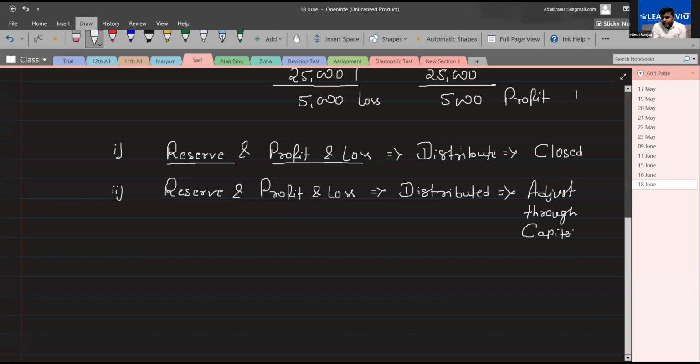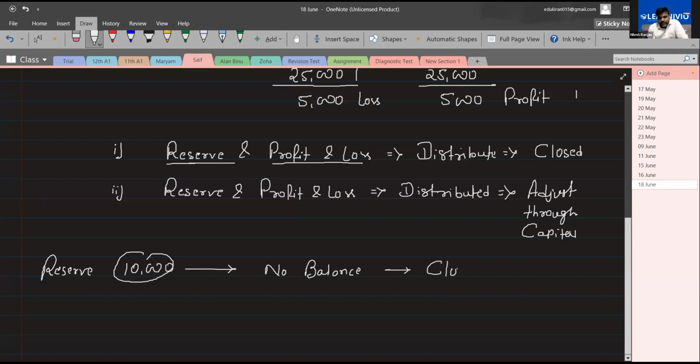So what will happen here? If there is a 10,000 balance of reserve in the balance sheet, in the first case, there will be no balance left because it is already distributed. So the reserve will be removed from the balance sheet. And in the second case, it will be adjusted.